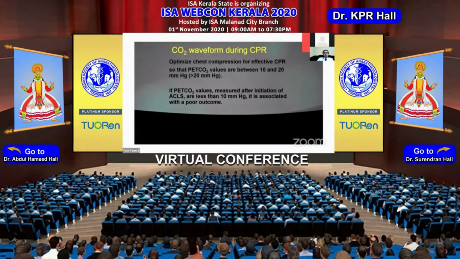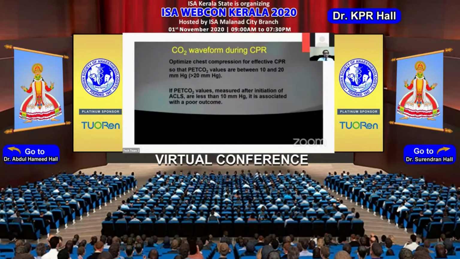Now, if you do good chest compressions and produce an effective CPR, generating about 2 liters of cardiac output, the end-tidal CO2 should be around 10 to 20 millimeters of mercury, or even greater than 20 millimeters of mercury.